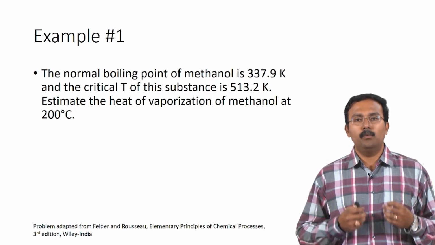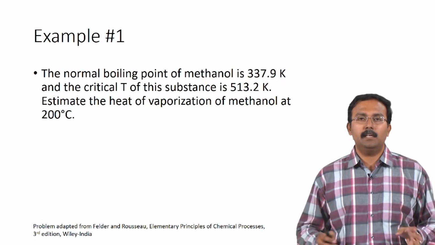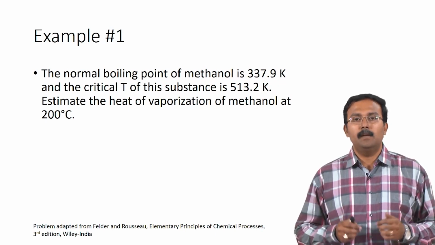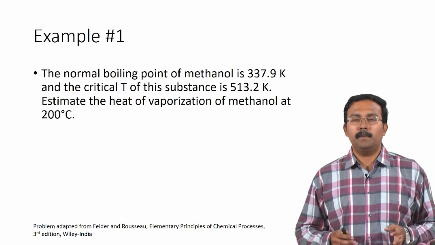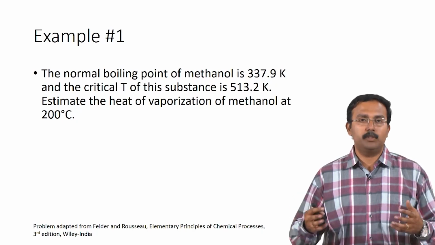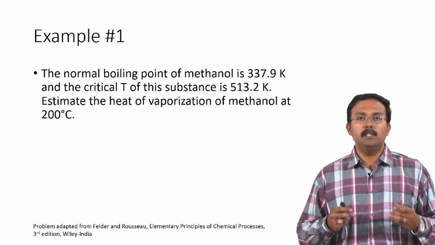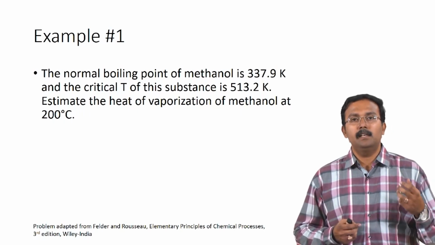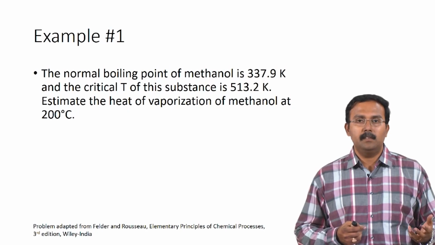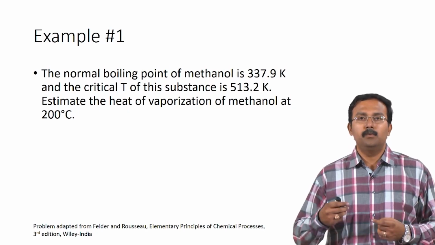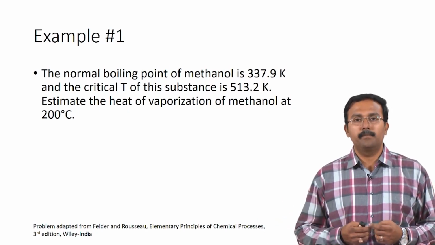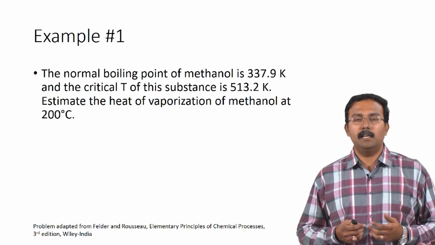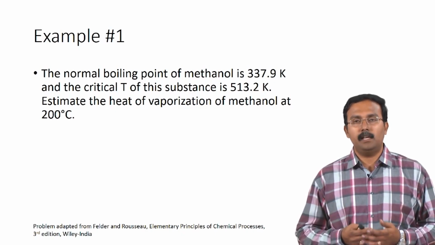Now what we have is the boiling point and the critical temperature only, and we have been asked to calculate a heat of vaporization at some temperature which is 200 degrees Celsius. So this means we first need to identify and quantify the standard heat of vaporization for methanol, which would be at its regular boiling point, which has been identified as 337.9 Kelvin.